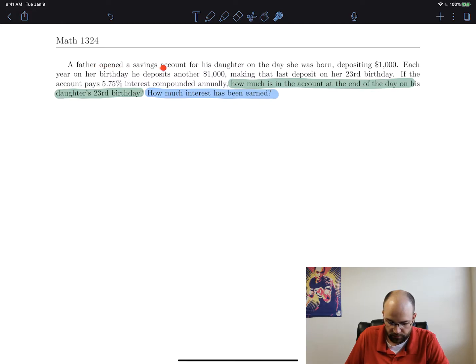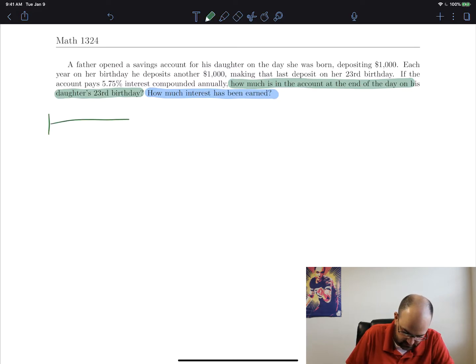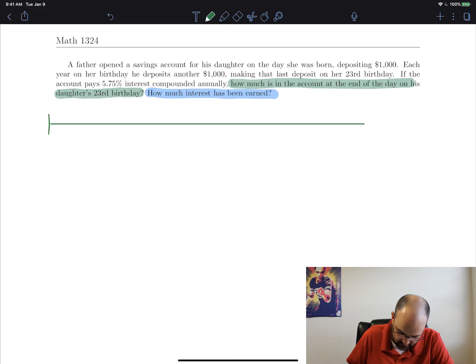So he opened a savings account for his daughter on the day that she was born, depositing $1,000. Each year on her birthday, he deposits $1,000, making that last payment on her 23rd birthday. If the account pays 5.75% interest compounded annually, how much is in the account?